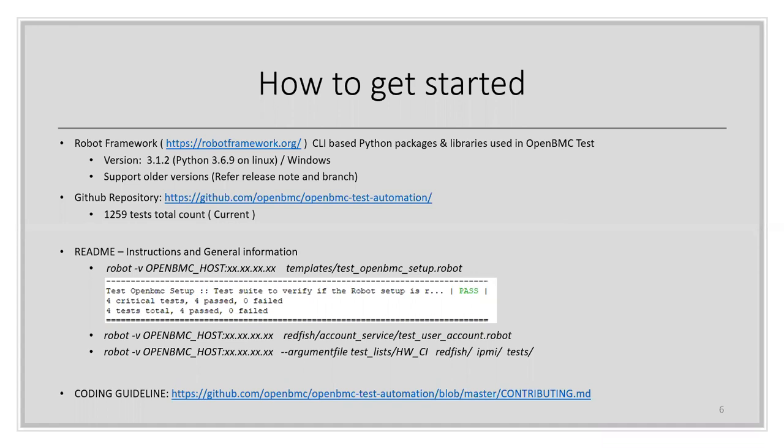There's a Java-based version plus a .NET version of it, but we are not running any of those, and if anybody is running them, feedback would be very much welcome. Currently we have run or tested this Robot Framework in the Linux distro and on Windows. So we know for sure that it works on at least those two platforms.